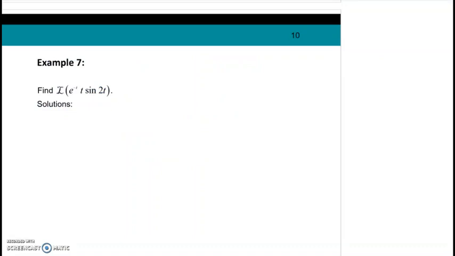In example 7, we want to find the Laplace transform of the exponent of negative t times t times sine 2t. Actually we have 3 terms in the bracket here. Let us see what we have so far. Before this, we have the first shifting property, which says that the Laplace transform of e^(at) times any function f(t) is given by F(s minus a).